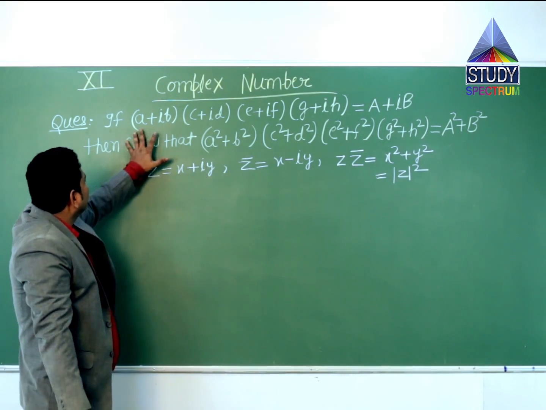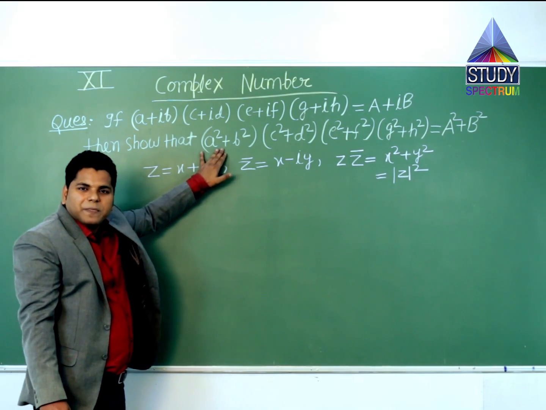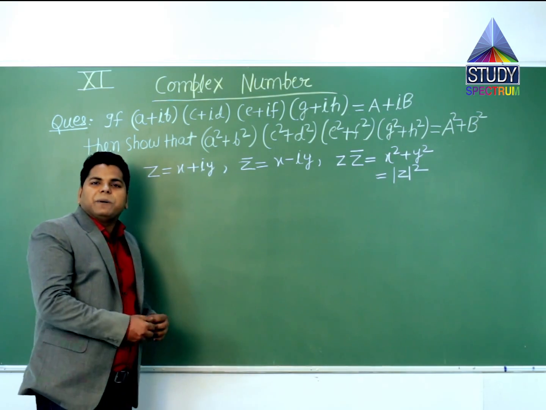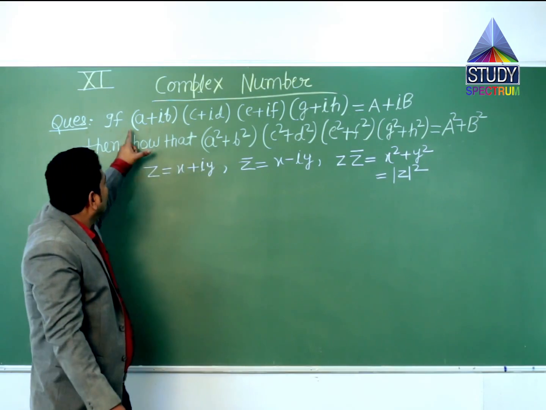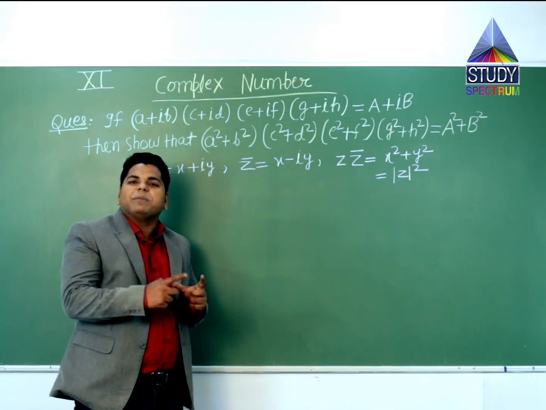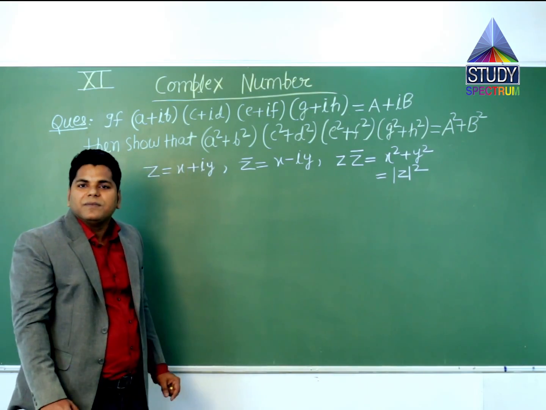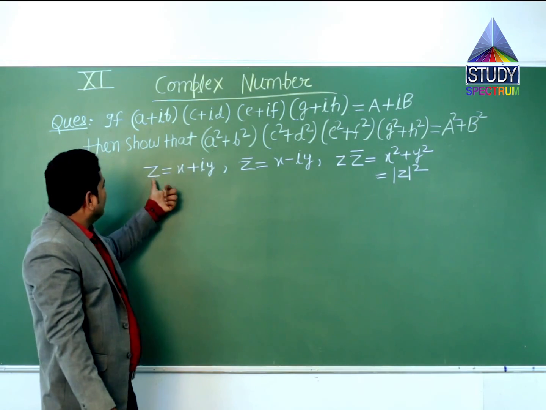If you observe, here it is a plus ib and we have to prove a square plus b square. It means we first have to find the conjugate of each and every complex number. After that we multiply both of the complex numbers, then you will get a square plus b square, as we have done here.